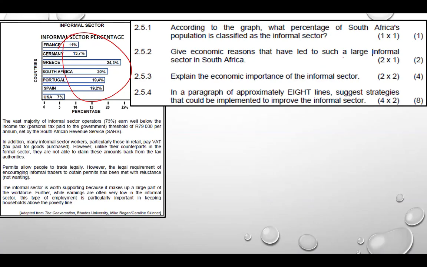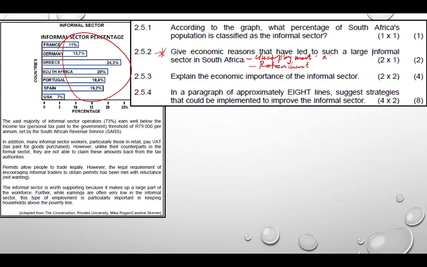Give economic reasons that have led to such a large informal sector. So this one is a concept. You need to know, why do we have a high informal sector in South Africa? Number one is because of unemployment. There is a high level of unemployment in South Africa. Number two, there is retrenchment of people that were working.